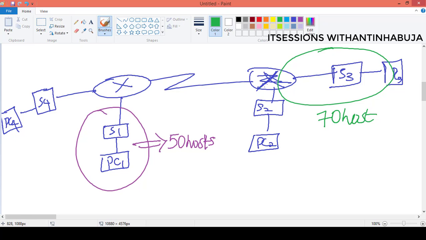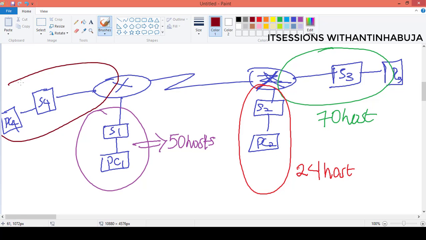For this network here, we have 24 hosts. And for this particular network here, we have 8 hosts.